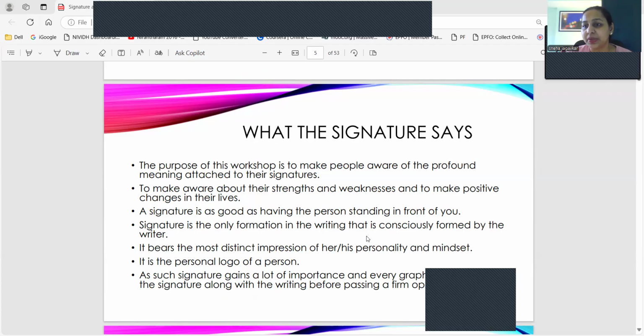Obviously, a signature is a personal logo of a person. Such a signature gains a lot of importance, and every graphologist considers the signature, along with writing, before passing a firm opinion. So we all need to remember this one particular thing: the signature is something like the person is standing right in front of you.